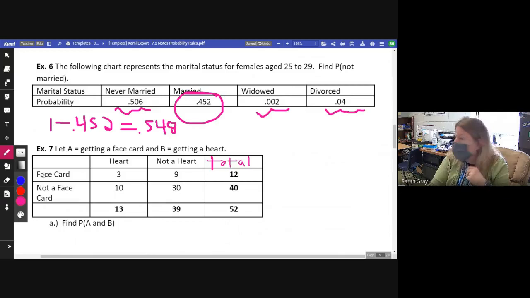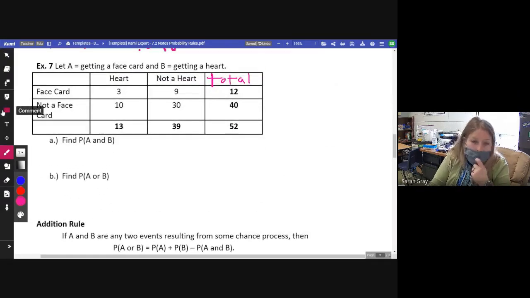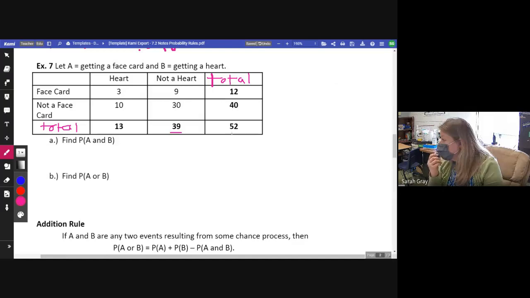So 12 is the total number of face cards, 40 is the total number of not face cards, and 52 is the total number of just plain old cards. 13 is the total number of hearts, 39 is the total number of not hearts. And again, 52 is the total number of cards.